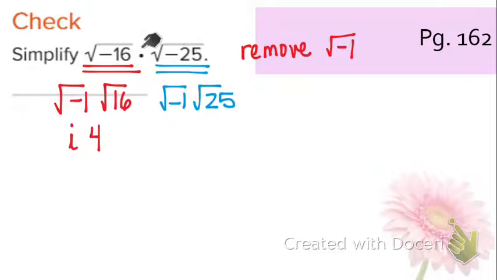So the square root of negative 16 is 4i. So what do you think the square root of negative 25 is? 5i. Good job.